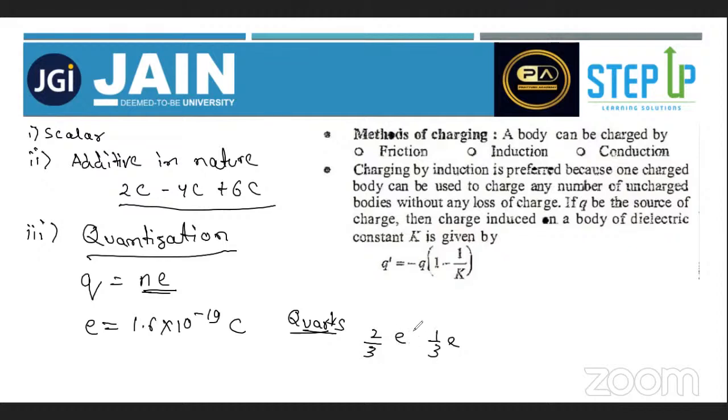This still follows quantization of charge, because n still remains 1, 2, 3. Only e changes here to e upon 3. So quantization of charge is nothing but Q is equal to n e, where n is the number of electrons and e is the fundamental charge. Okay.